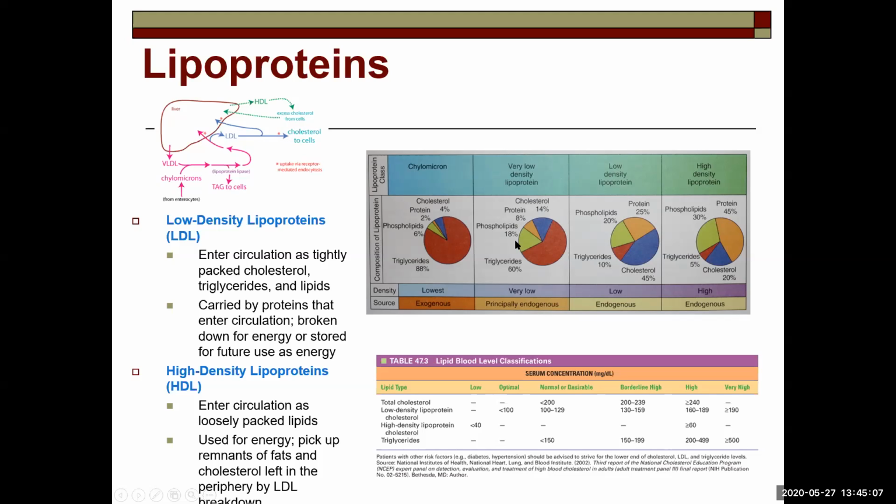So eventually within those molecules, we have different things that sit in them. We have triglycerides, we have phospholipids, we have protein and cholesterol sitting in there. And we need to make sure that we don't have too many triglycerides in there to be healthier. So the less triglycerides we have, the healthier.